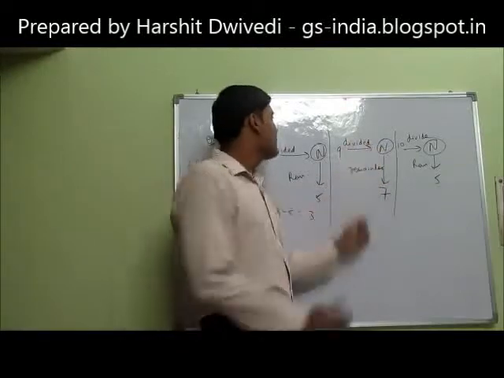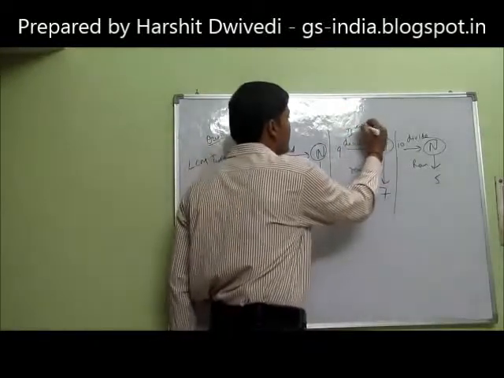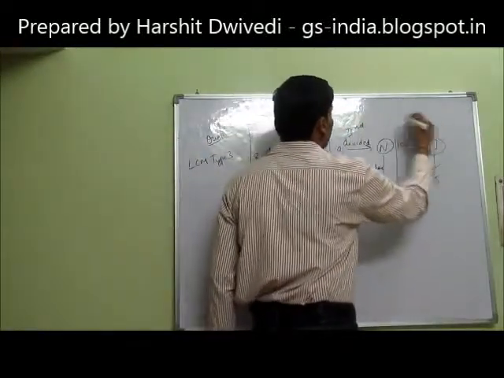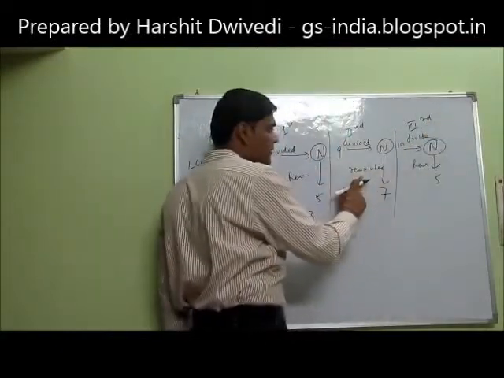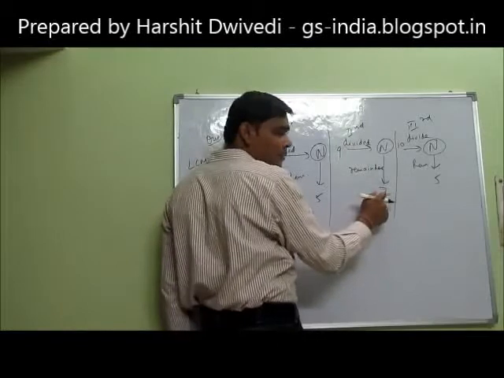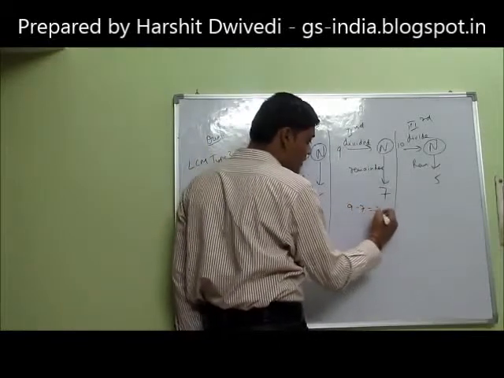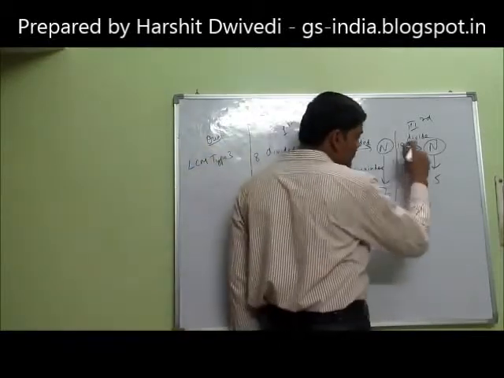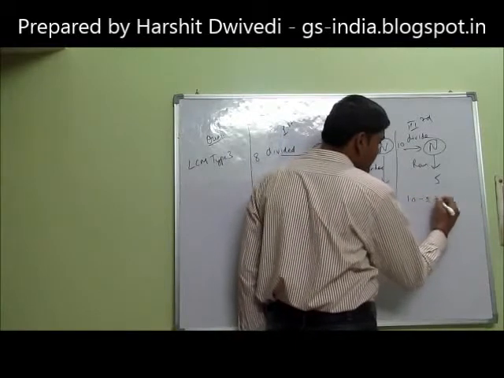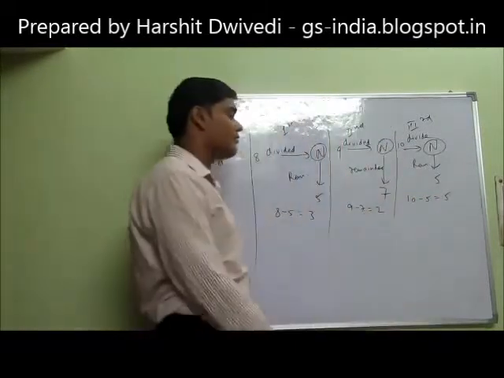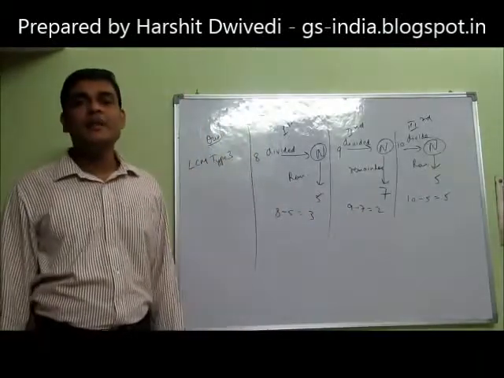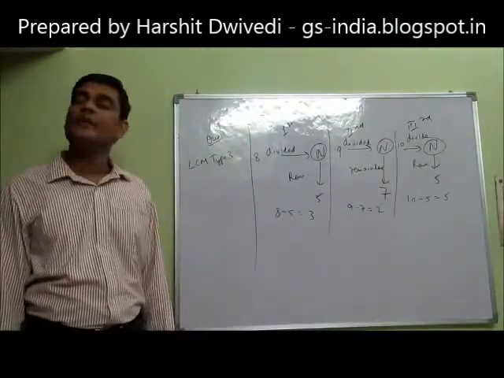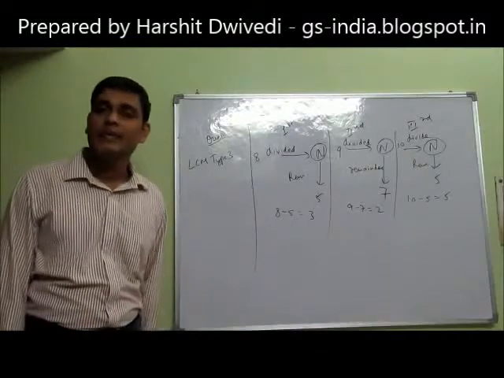In the second case, the divisor is 9 and the remainder is 7, so 9 minus 7, 2 is the difference. In this case, the divisor is 10, the remainder is 5, and the difference is 5. So 3, 2, 5 are not equal to each other. That means the difference between divisor and remainder is not the same, so it is not LCM type 2.